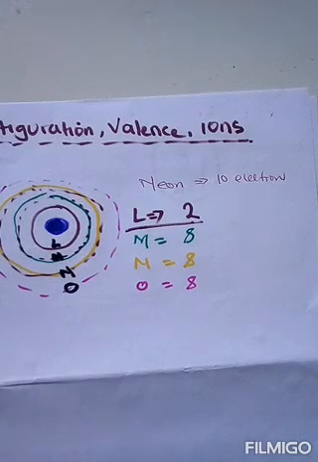This is very important, because if, let's say, shell L just has 1 electron, that means shell L is not fully filled. It can only be fully filled when it has 2. The moment it has 2 electrons, if there are other remaining electrons, they will be pushed to the next shell, which is shell M. Now shell M will contain a maximum of 8 electrons.